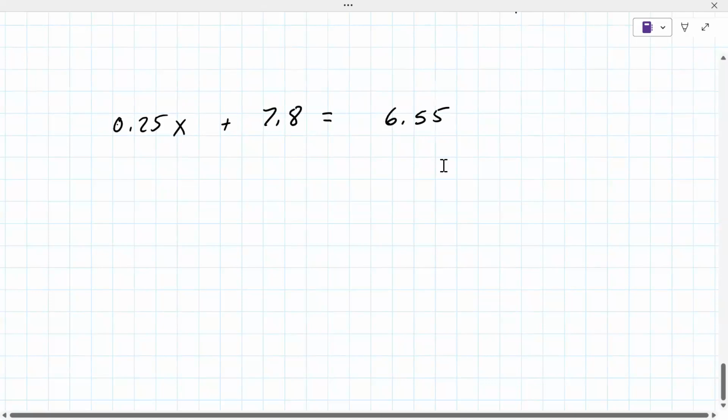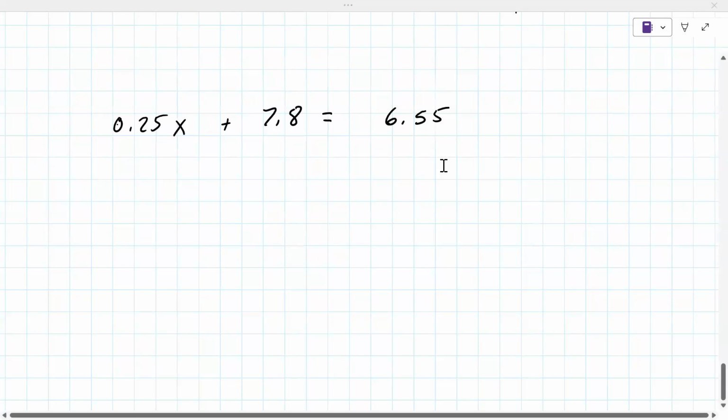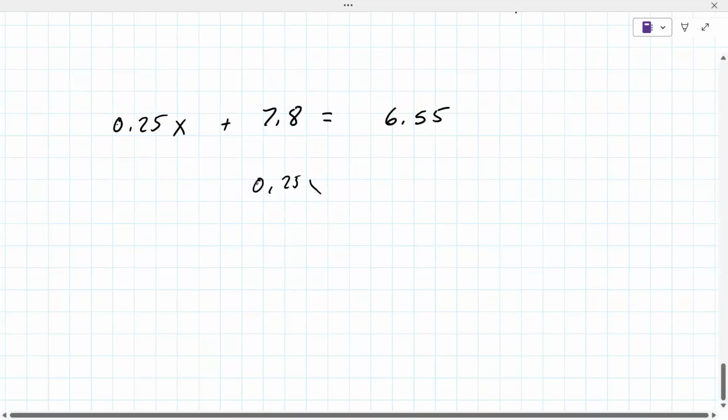Sorry about that. 0.25x equals negative 1.25. Did you get that?